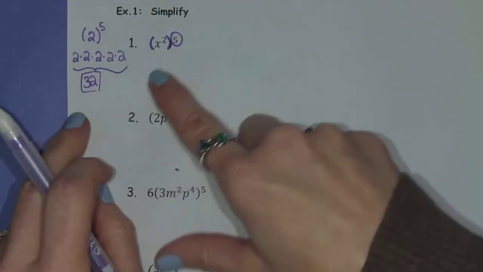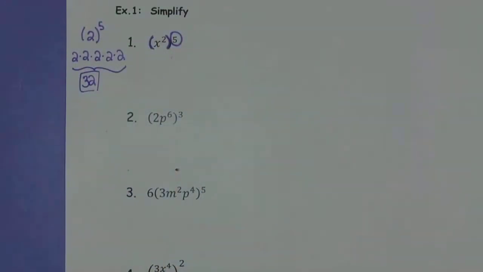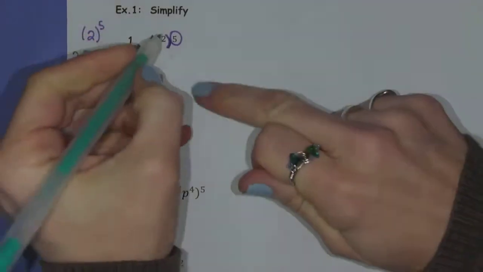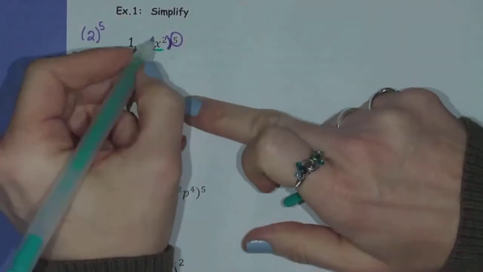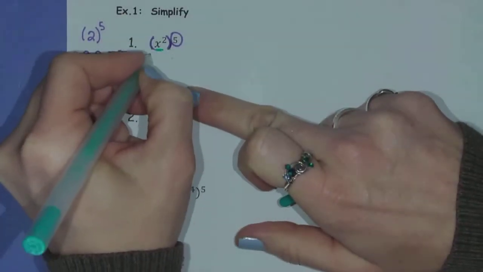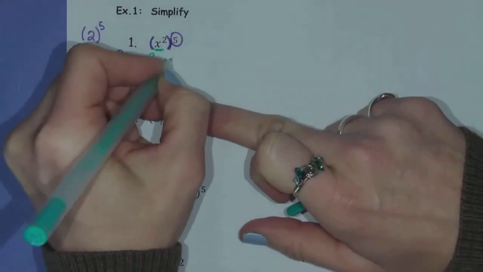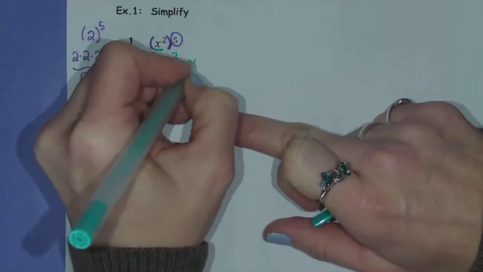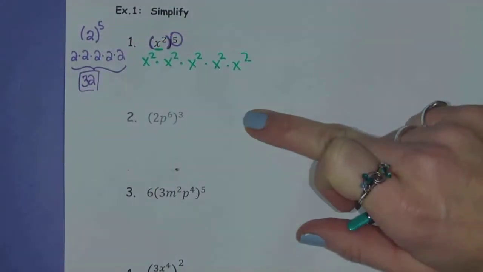Now let's apply this to our new problem here. The only difference is instead of having 2 to the 5th power, we've got x squared to the 5th power. So all I'm going to do is write x squared times itself 5 times. So 1, 2, 3, 4, and 5.